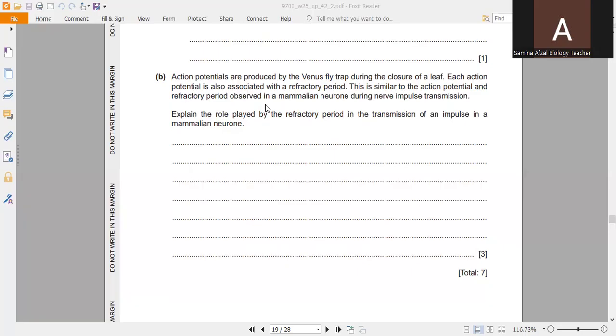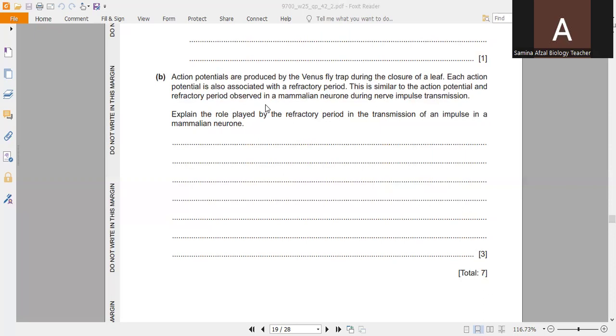Three critical functions take place. First, unidirectional flow: it ensures that the action potential only travels in one direction, because the area behind the impulse is in the refractory state, so the impulse cannot move backward. Second, it ensures that action potentials are separated from one another, preventing signals from merging, allowing the brain to interpret them as individual events.